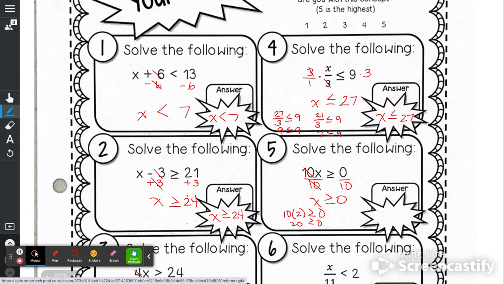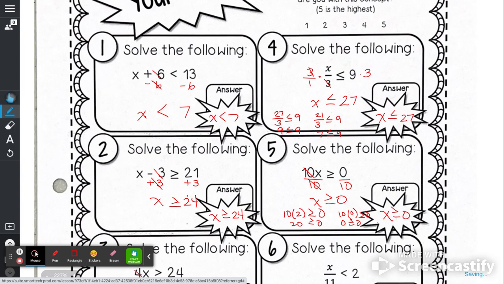Could I input 0 in there? What's 10 times 0? 0. And is 0 greater than or equal to 0? Yes. So my answer is x is greater than or equal to 0.